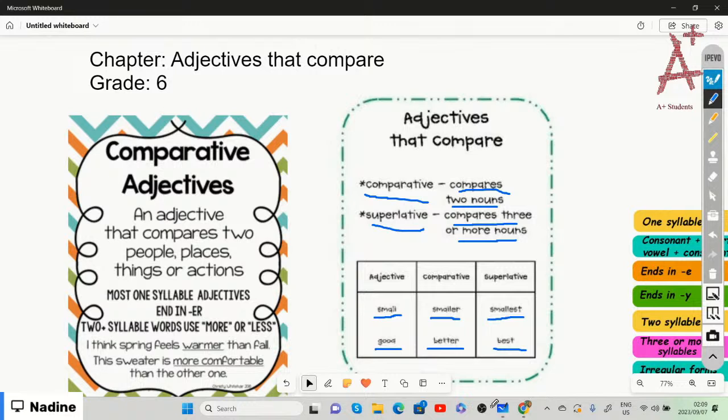We say it is good. Then if you compare it, we say it is better, because now we can say it's better than the other one. And when it comes to superlative, we can say that this one is the best compared to the rest.